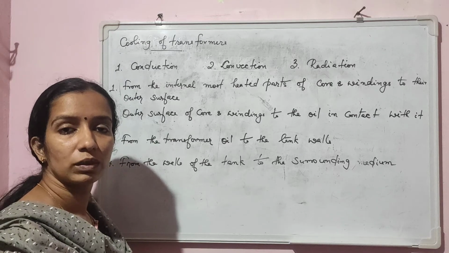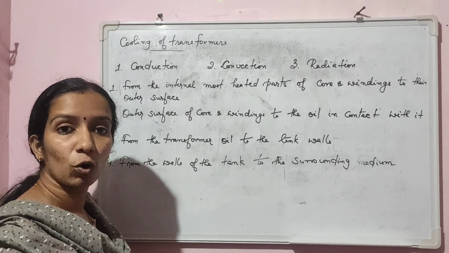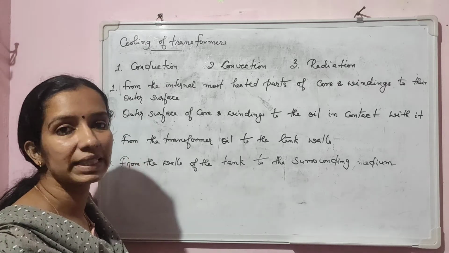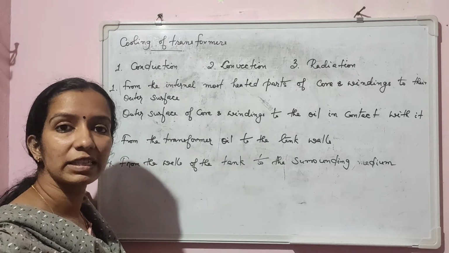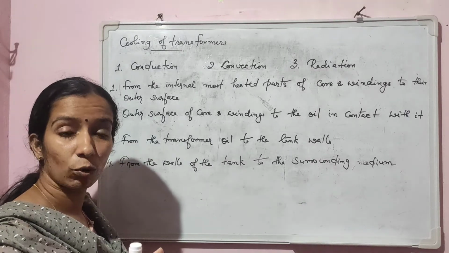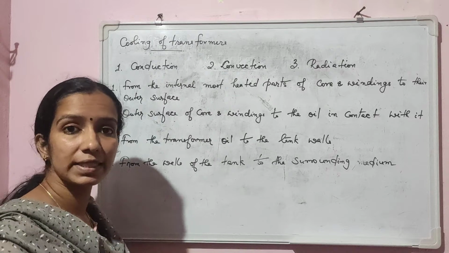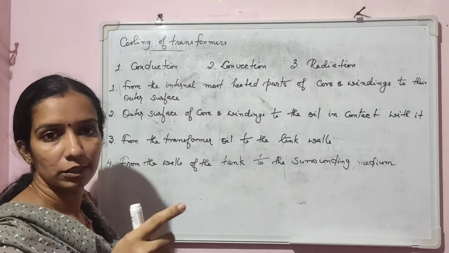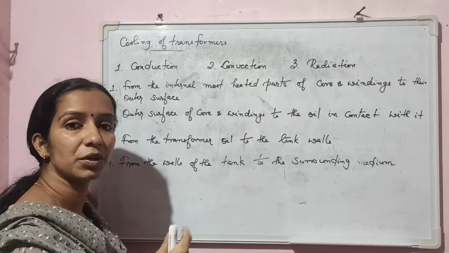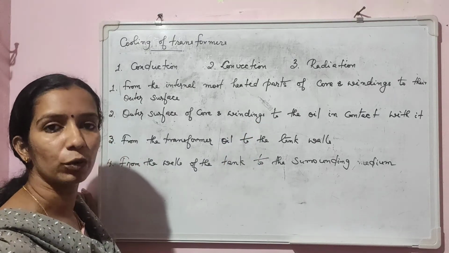We know that in a transformer, the core and winding assembly is placed inside a transformer tank, and this tank will be filled with transformer oil. So the core and winding assembly is always immersed in the transformer oil. From the surface of the core and windings, the heat will be transferred to the transformer oil.